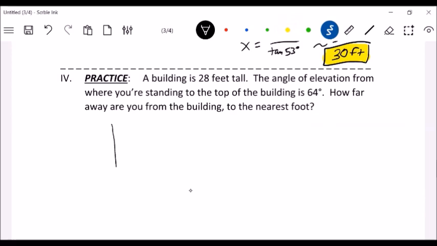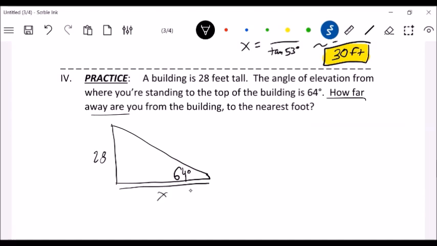Welcome back. Now in this case, we have a building that's 28 feet. I apologize for my triangle and my building and such being so off kilter. You can see this very clearly what it's supposed to be. 24 degrees. How far away are you from the building? That's this distance. So I'll make it x to the nearest foot.